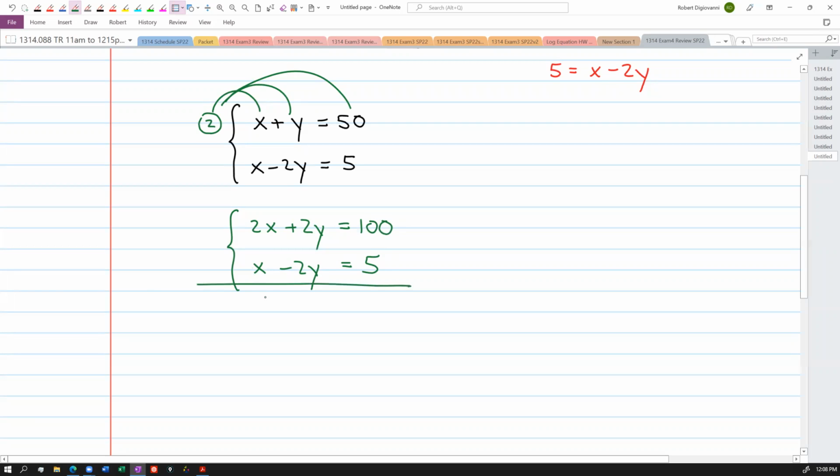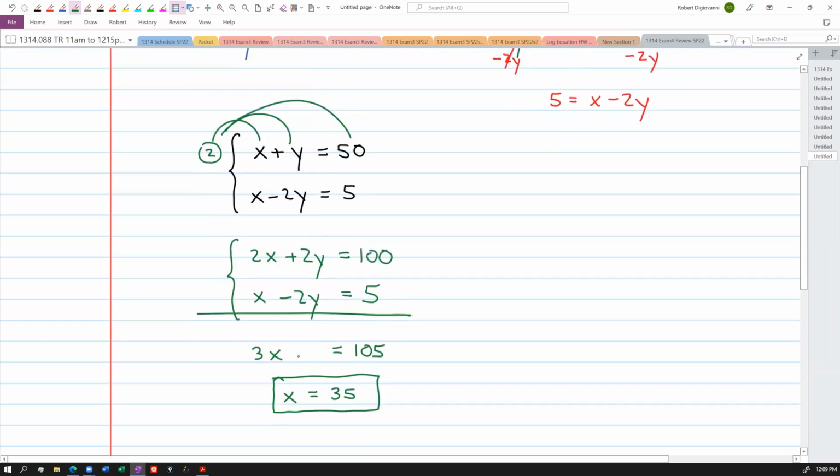Add down. 3x, the y's are gone, equals 105. And that means x is what? 35. I thought you said 85. 35. x is 35. Okay.